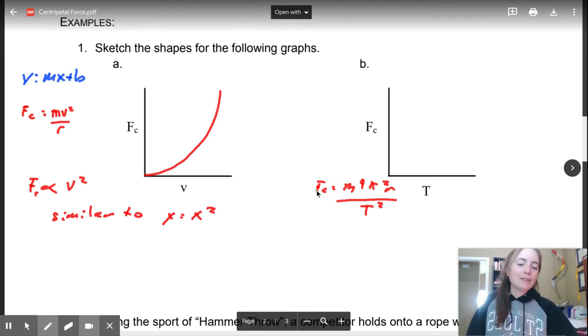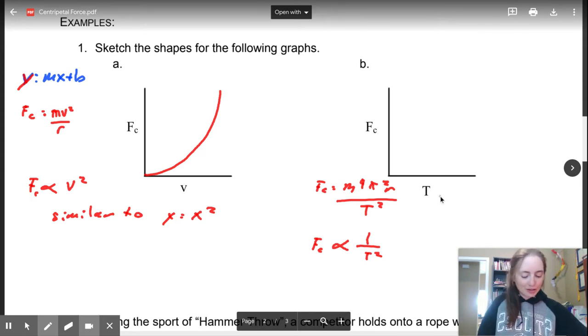The F_c is already on its own, just the way we want it to be, with our y-axis being isolated here. So this is our y on our y-axis, and now I can compare it to everything else. I'm going to equate everything else here to 1, and I'm going to then make it proportionate. So our F_c is proportionate to 1 over T squared.